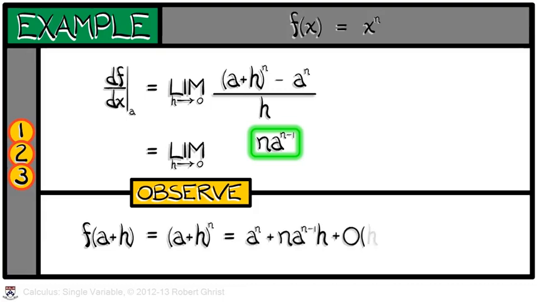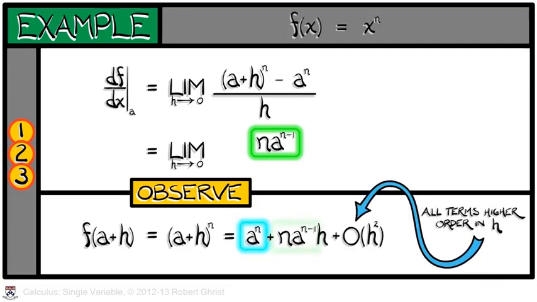A plus h to the n. This has a constant term, a to the n, a first order term, n times a to the n minus 1 times h, plus higher order terms in h. That coefficient, the first order term, is the derivative at a.